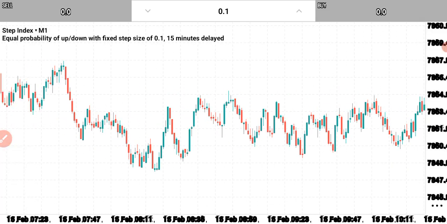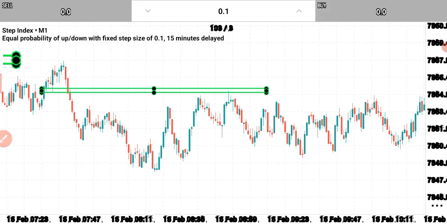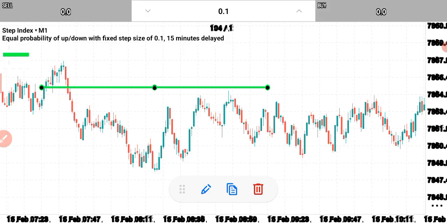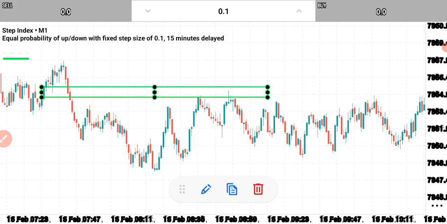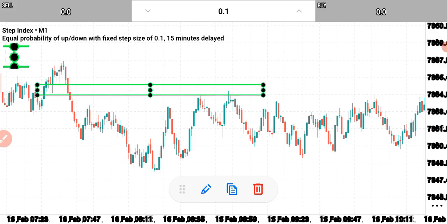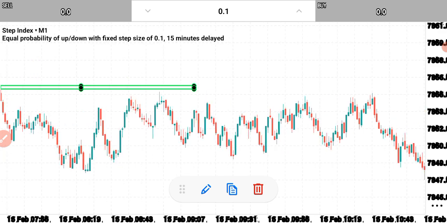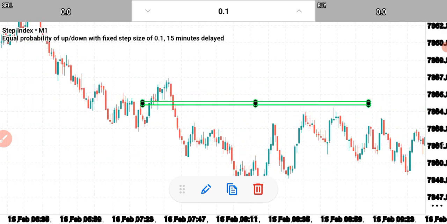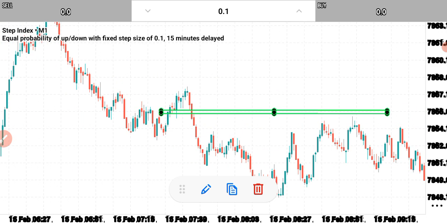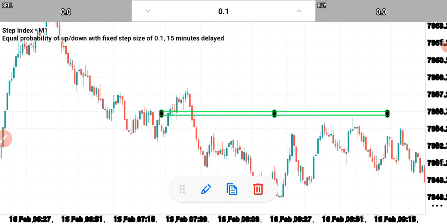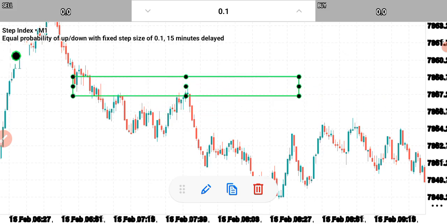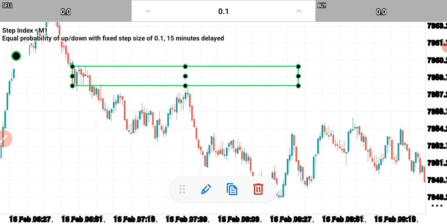So I can see the pattern came around here. Alright, this is a vice versa. There's a red candle and a green candle. It didn't touch, guys, it didn't touch. So this is another red candle.